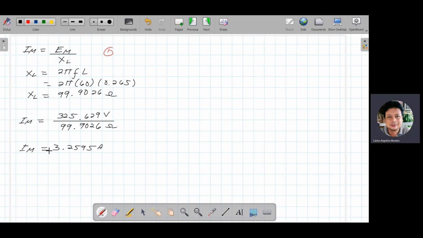So, pwede na natin sulat yung equation. I is equals to I maximum sine omega t minus 90 degrees.